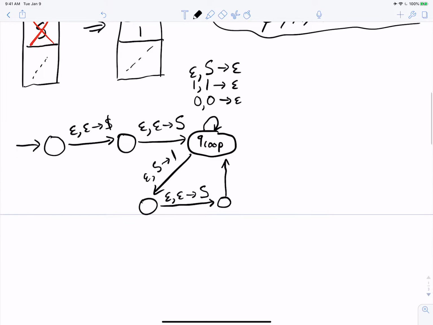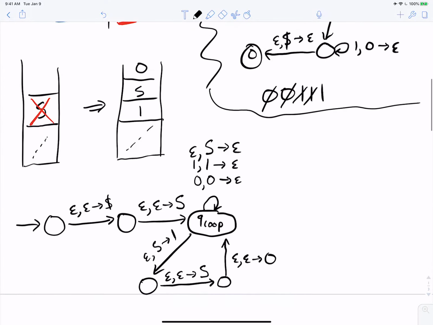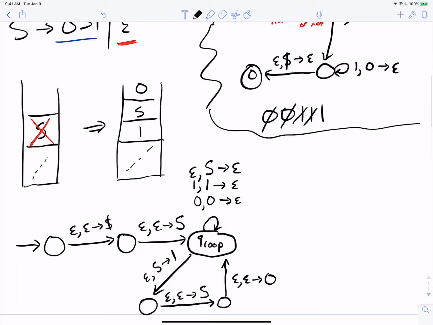Good. So then epsilon goes to 0. Sweet. So for every rule in the grammar, you're going to pop the left variable and then start pushing, in a sequence of transitions, the right-hand side of that rule backwards. So the rightmost thing, then the next thing, then the next thing, and then the leftmost one.